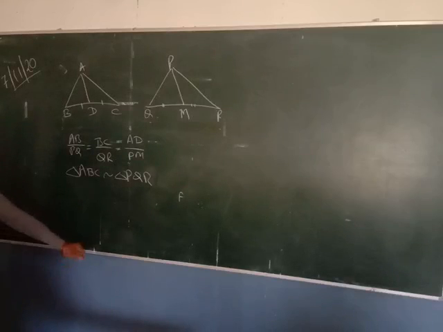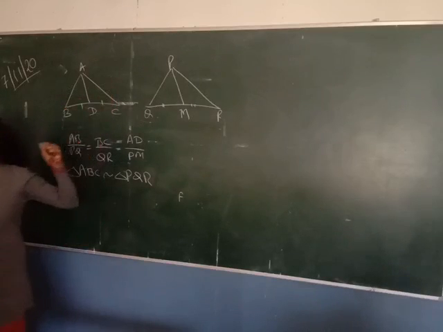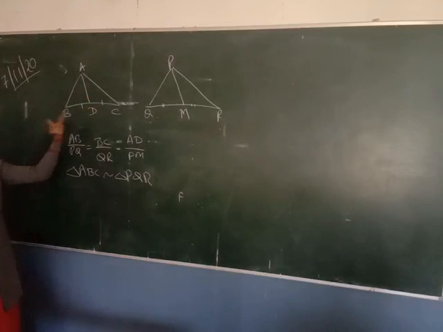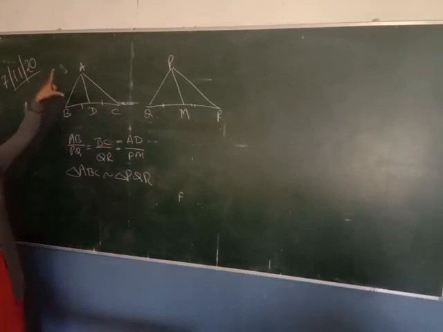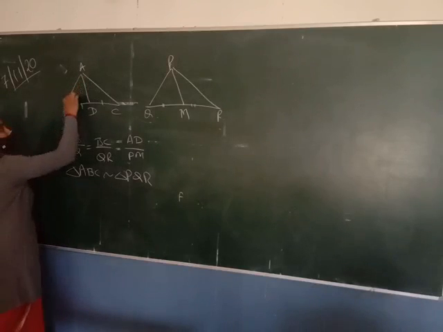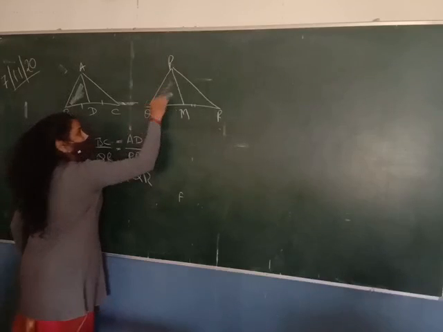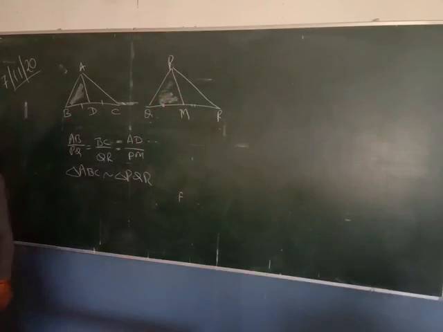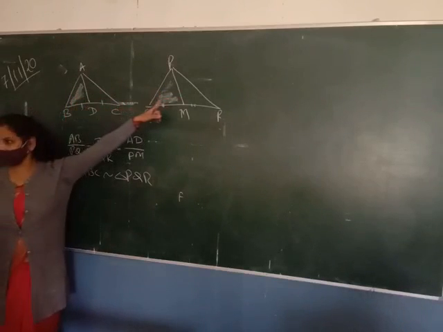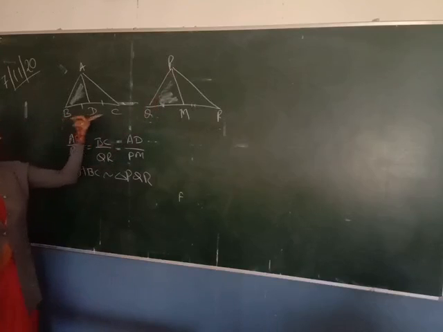Does anyone want to explain how you can prove it? Okay, doesn't matter. I'm going to explain how you can do this question. First of all, we have to prove that these triangles are similar to each other, this one and this one. We can prove that because we know that AB upon PQ is equal to AD upon PM, given in the question, and also equal to BC upon QR.